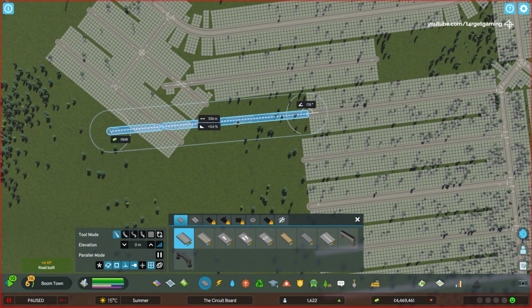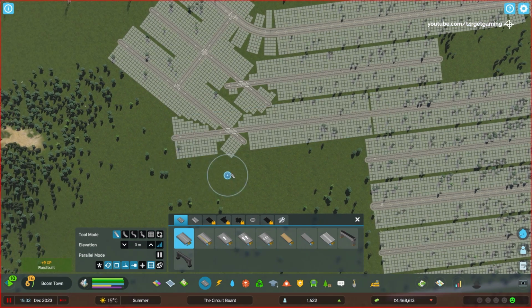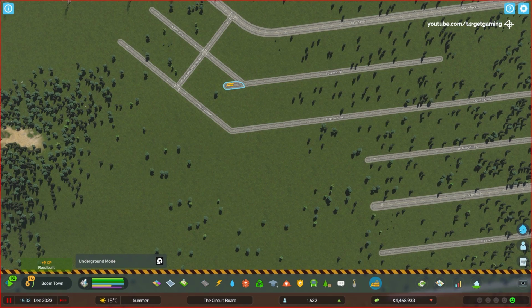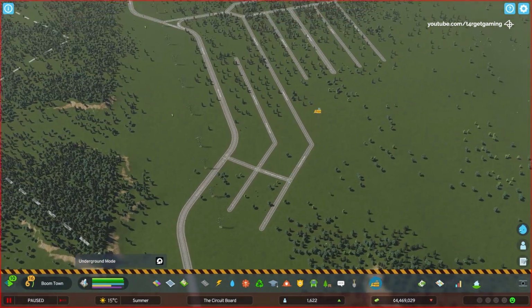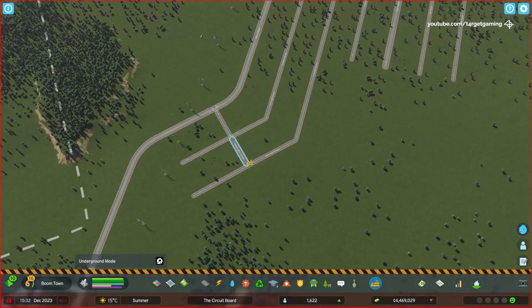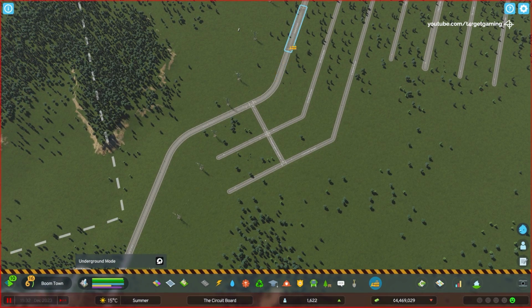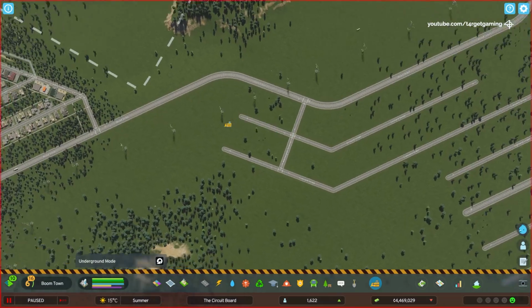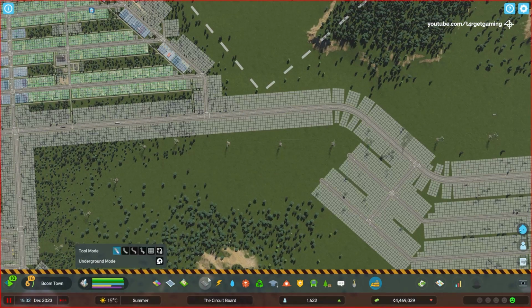So one connecting point over here and another one over there as well. And by deleting these segments, we have a street that perfectly goes alongside the highway. And we're going to do the same thing on this side as well.